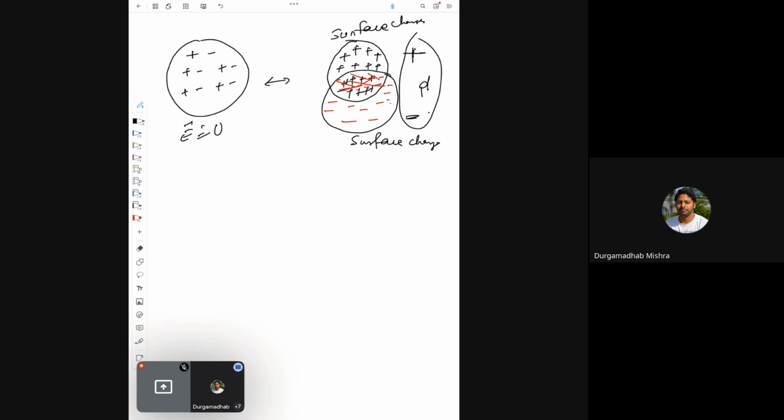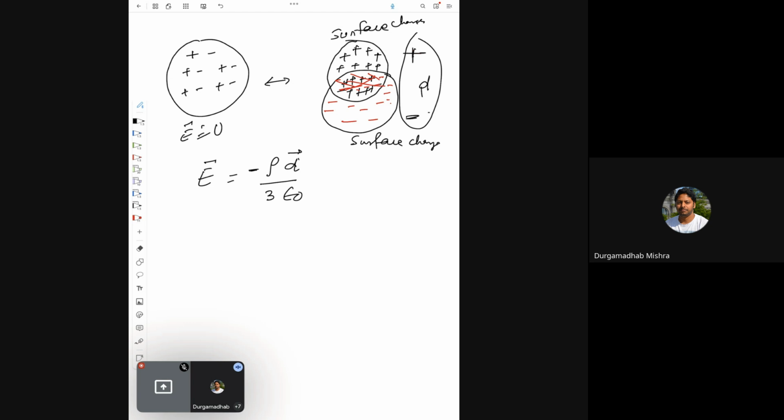So what is the electric field inside due to the surface charge? Again, you can use Gauss's law, which is given by rho d by 3 epsilon naught. So if I have a charge distribution having charge density rho, what will be the electric field inside?